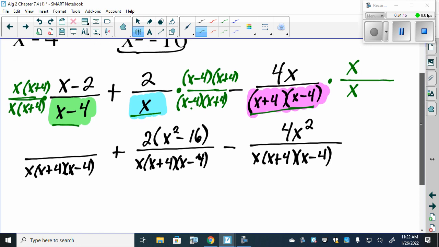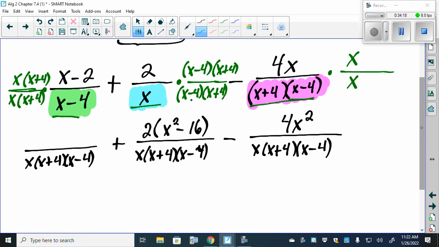Now, well, in the front we have x times x plus 4 times x minus 2. We actually have to multiply these out. Now we could do the x plus 4 times x minus 2 first, and then multiply it with the x, or multiply the x through first. We can go on and just distribute the x through the x plus 4.